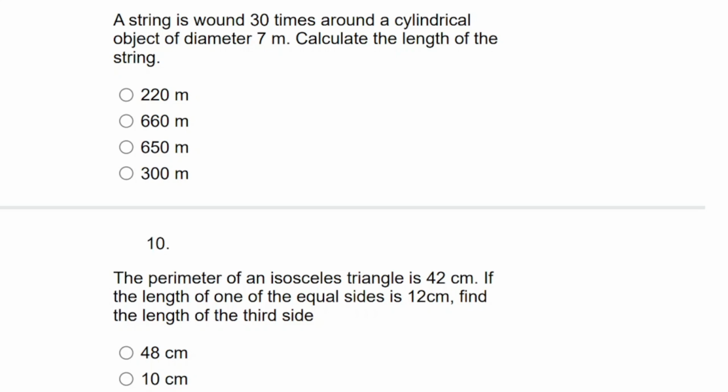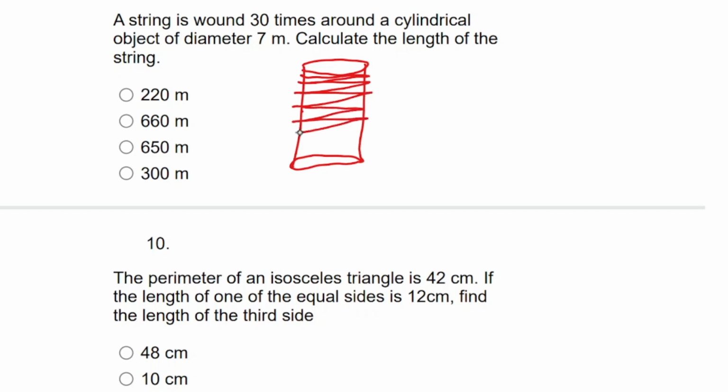So this means you get the circumference of the circular part of that cylinder. You are using a rope to tighten it like this. So this rope is wound 30 times. You understand? Because it's surrounding it, we need to calculate the circumference of the cylinder.